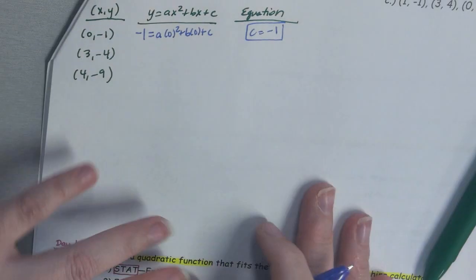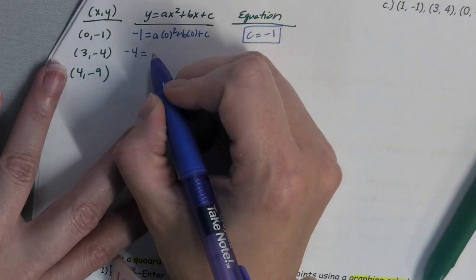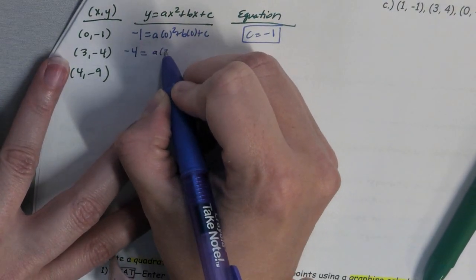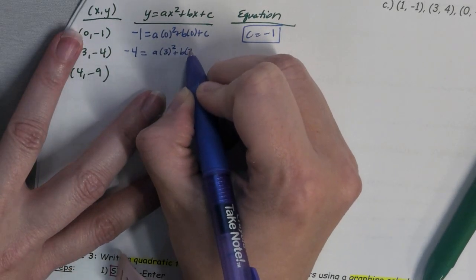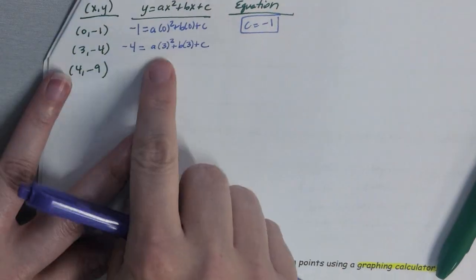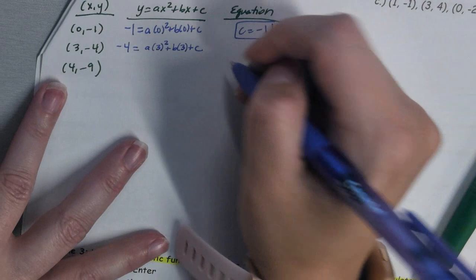Okay, and then for the second one, you have -4, and then you have your 3, right? So it's a times 3 squared plus b times 3 plus c. So when you're doing this, just be careful that you don't put a squared by accident.